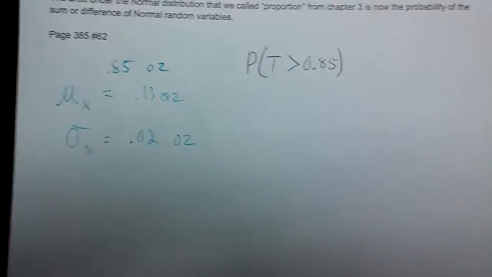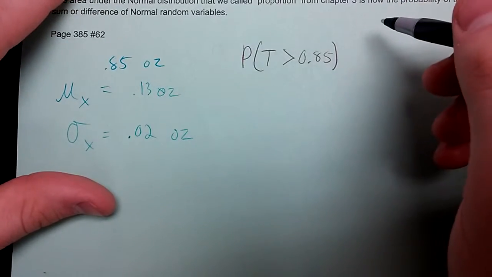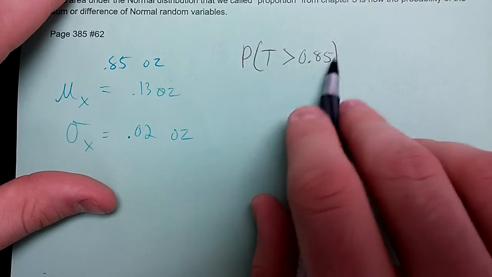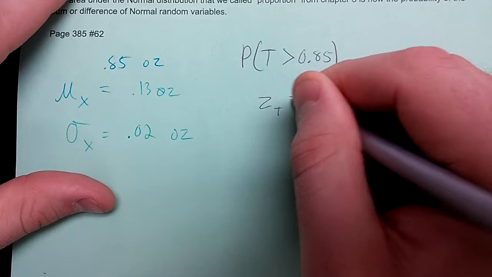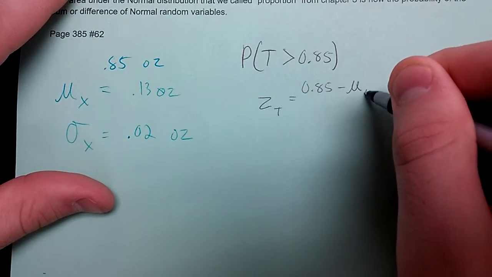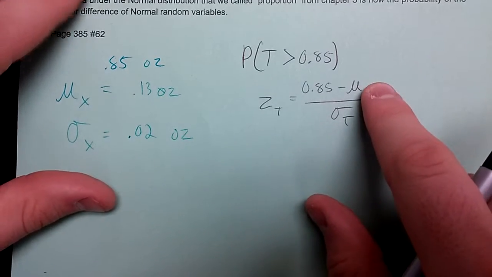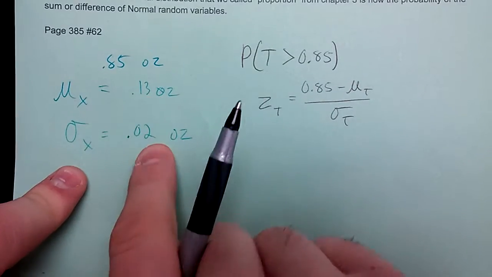Because it's normally distributed, we're allowed to use table A, and to use table A we need to convert this to a z-score. The z-score for T is going to be 0.85 minus mu T divided by sigma T. You may incorrectly think that the single-squeeze mean and standard deviation could go here, but that is for a single squeeze.